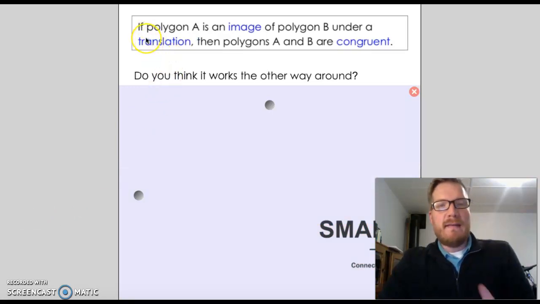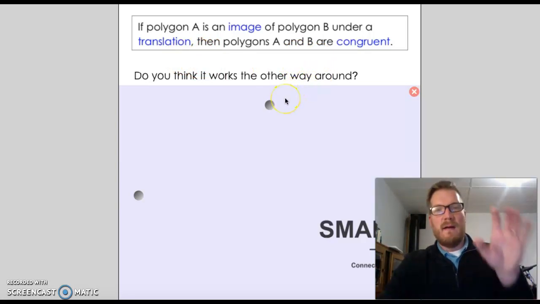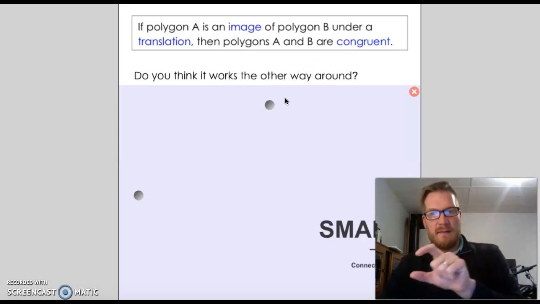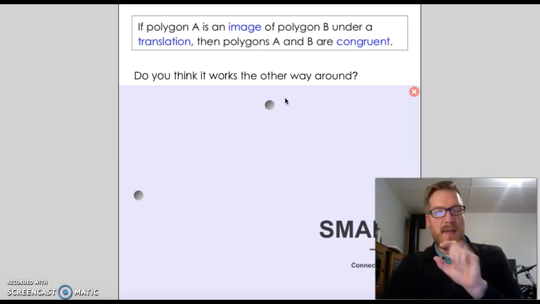So then the idea says here, if polygon A is an image of polygon B under a translation, then polygons A and B are congruent. So all that means is if you have polygon B as your original, and then you've translated it to polygon A, then A and B have to be congruent.